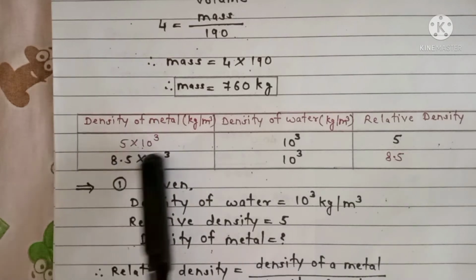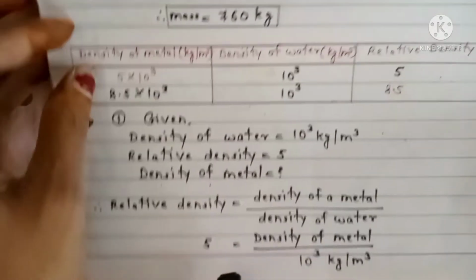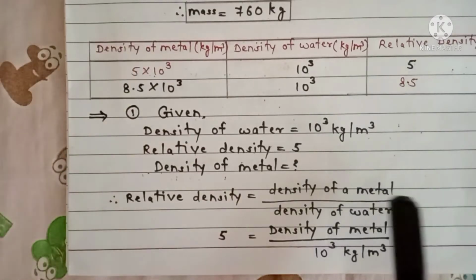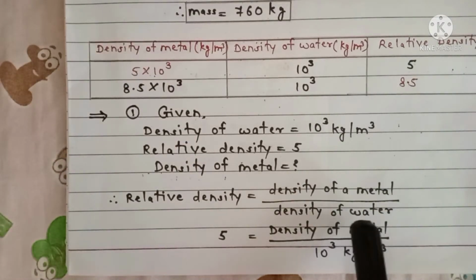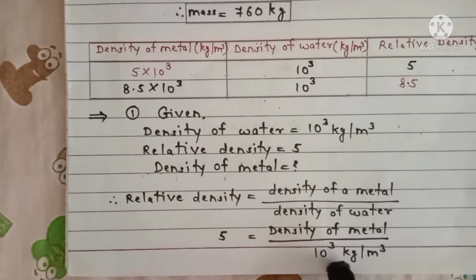Here we have to calculate density of metal. Let us write the formula for relative density: relative density is equal to density of metal upon density of water. So relative density 5 is equal to density of metal upon 10 raised to 3 kilogram per meter cube.